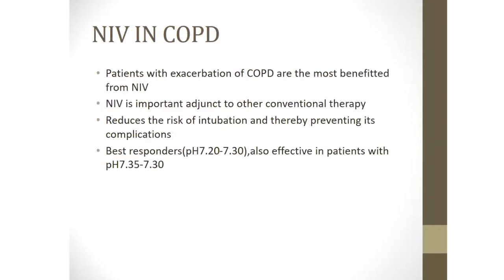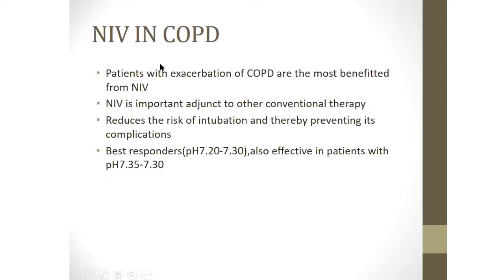NIV in COPD and the different conditions. Let's discuss the different conditions in which we use NIV. The first condition is COPD. Patients with exacerbation of COPD benefit the most from NIV. NIV is an important adjunct to other conventional therapy like medications and bronchodilator therapies. It reduces the risk of intubation, thereby preventing its complications like ventilator-associated pneumonia and others.